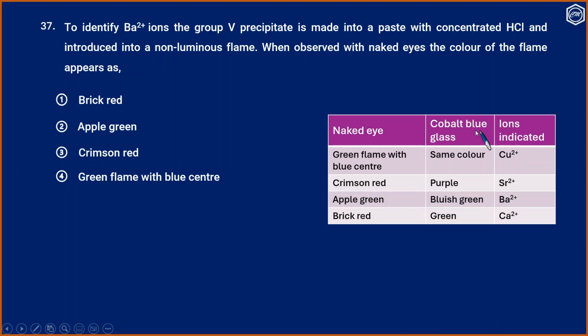So this is a table with naked eyes, cobalt blue glass, the ions indicated. So barium 2+ provides apple green flame when we observe it using naked eyes, and a bluish green flame when observed through cobalt blue glass.